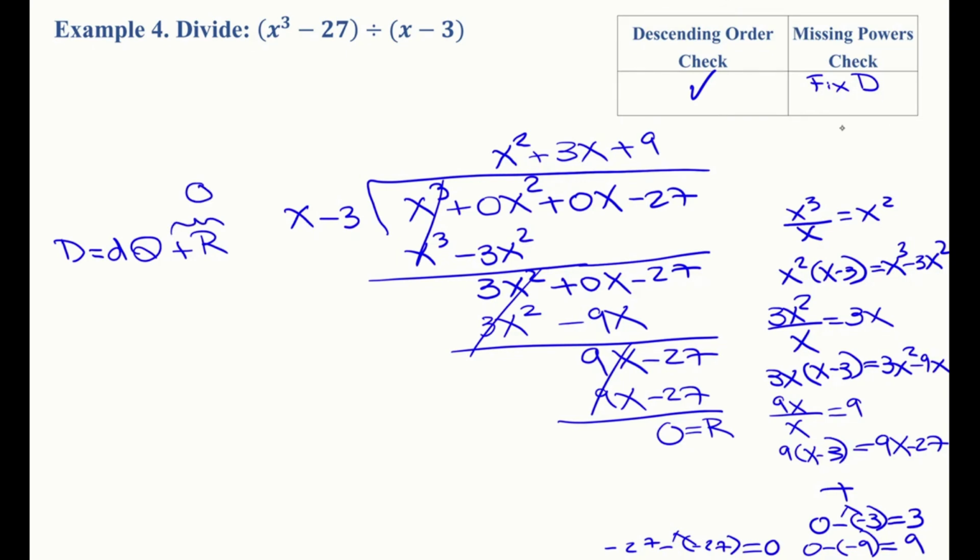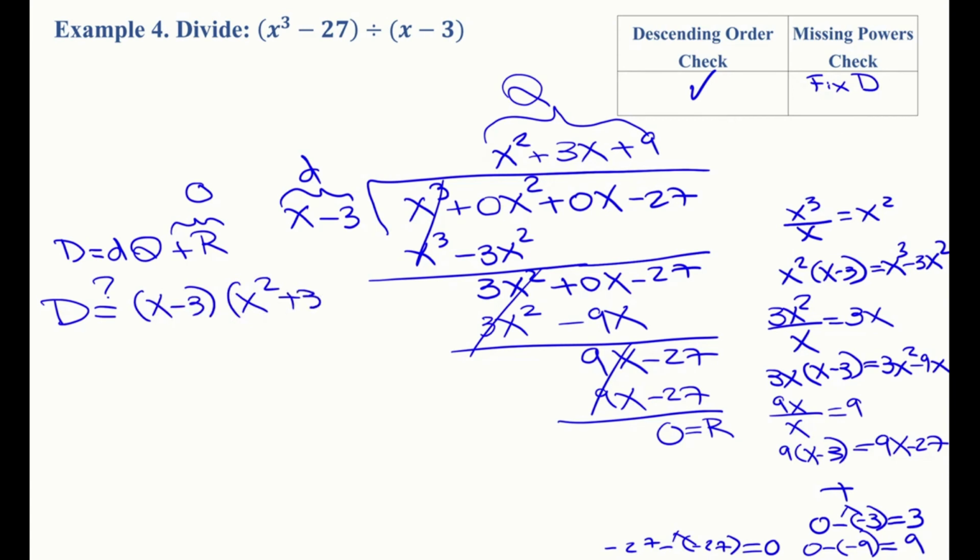So we just need to make sure D equals dq. So this is D, remember, this is q. So let's see if in fact D equals dq. So x minus 3 times x squared plus 3x plus 9, and it's plus 0, so we don't need to write that because the remainder is 0.